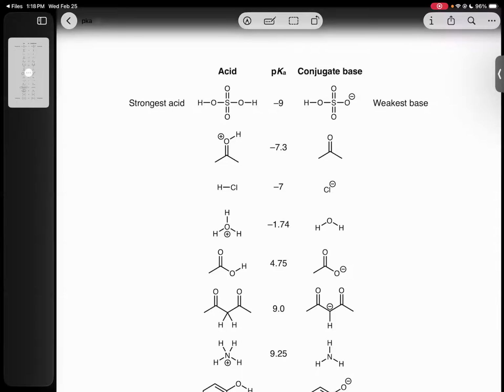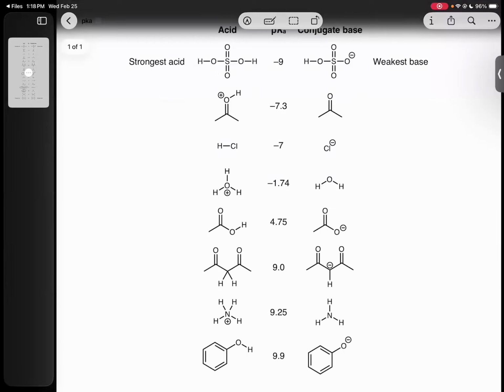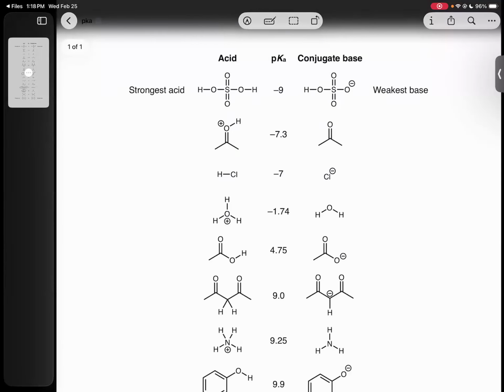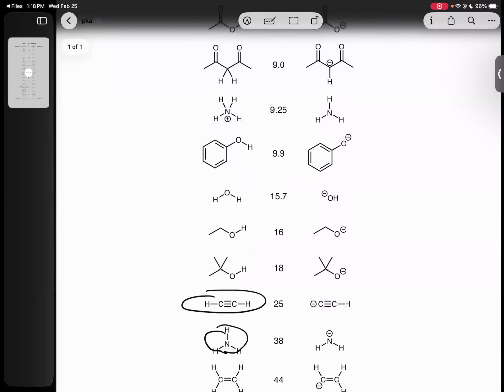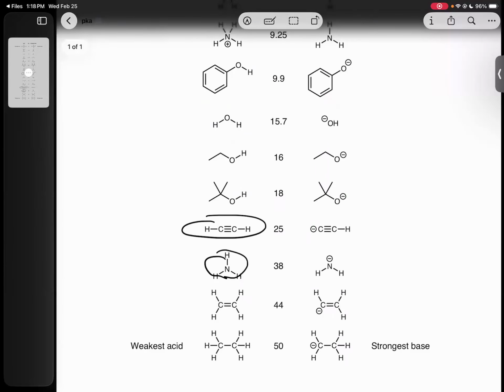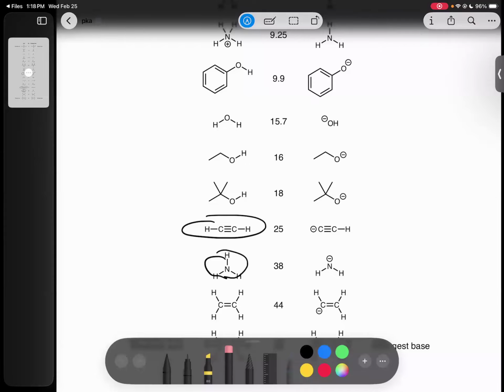So here's a list of some various acids. Some of these should have R groups on them, but anyway, some various acids and their pKa's. So low pKa means strong acid. High pKa means weak acid. Sorry, spoiler alert. That's the answer to one of the next questions.